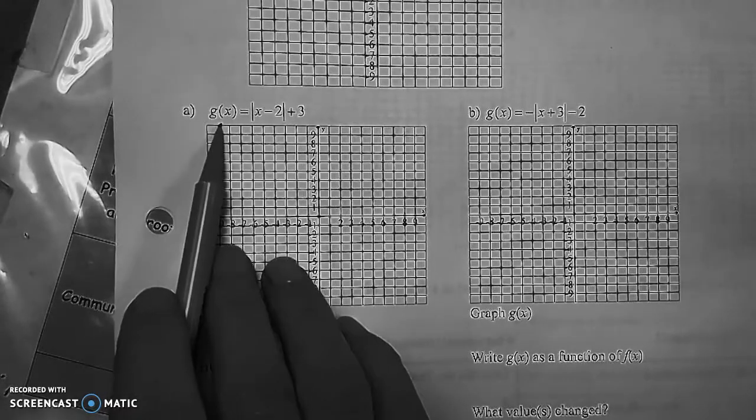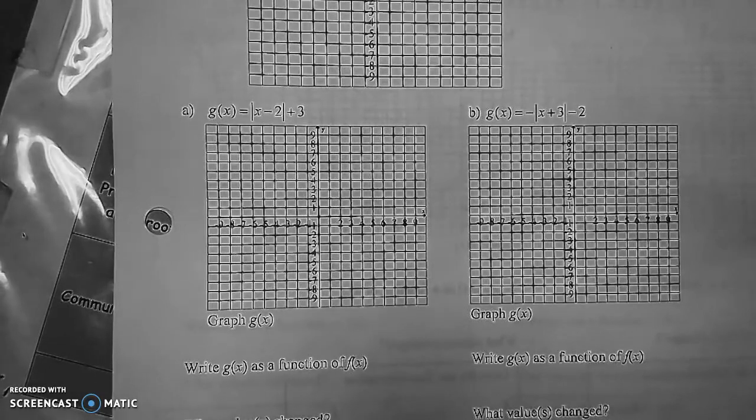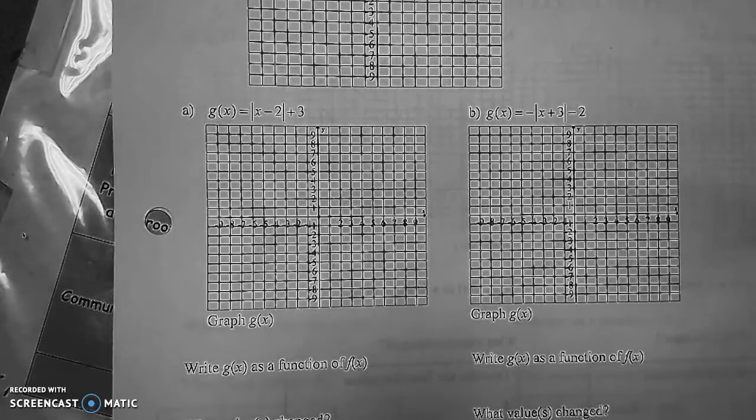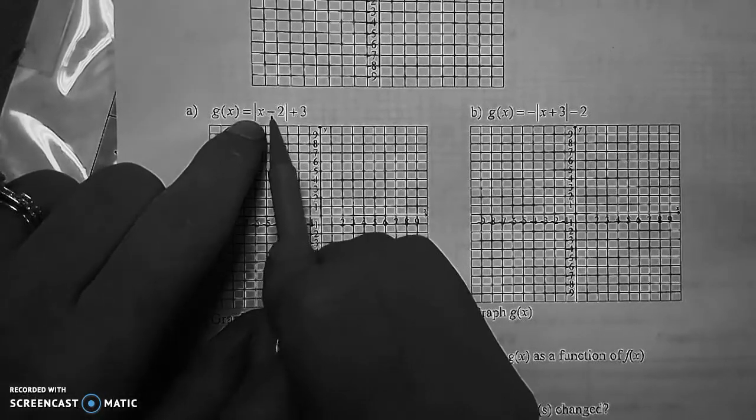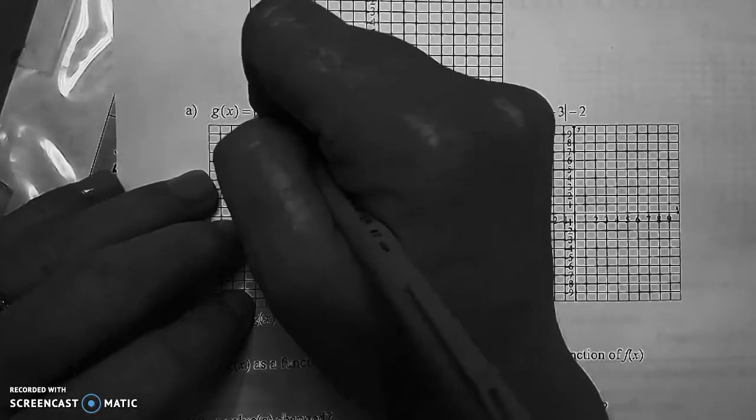So we see that we're going to take absolute value, and these numbers do some transformations to this parent function. If you remember back over the course of the last couple days, since this minus 2 is inside the function, it will change x's.